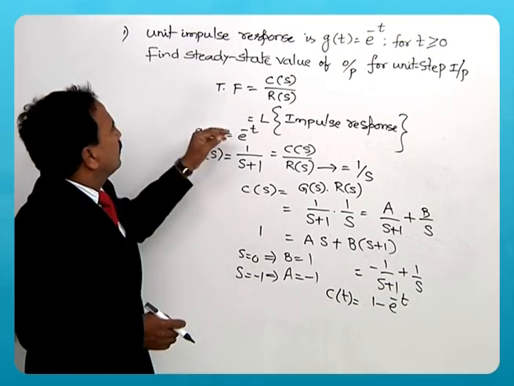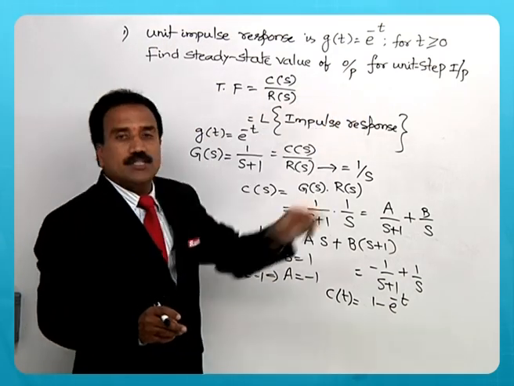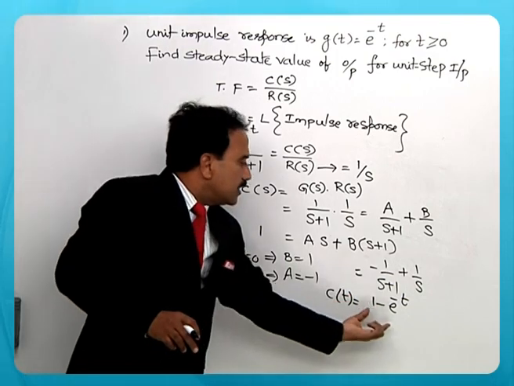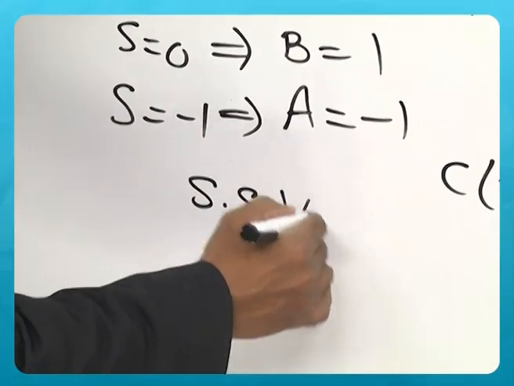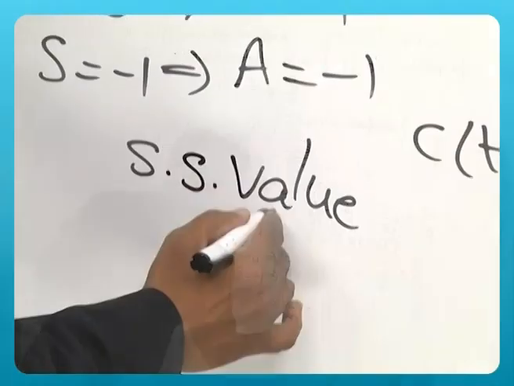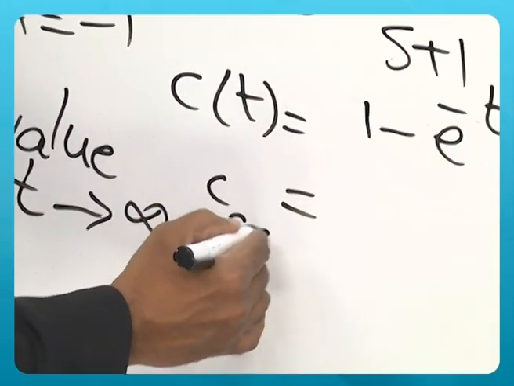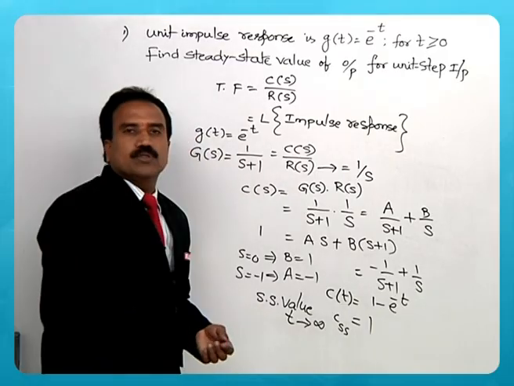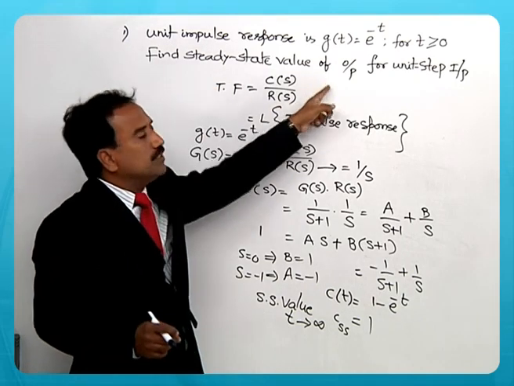As it is asked here, steady state value of the output for unit step input, this is not the steady state value. So we should find out the steady state value as time approaches infinity. So t tending to infinity, the steady state value is 1. So that exponential term will not be there in the steady state value of the output.